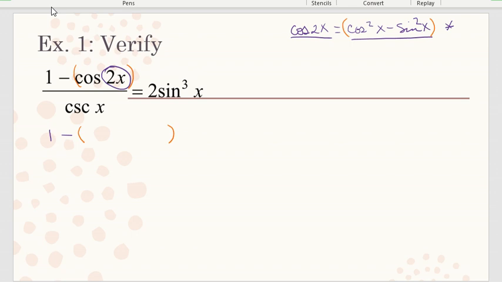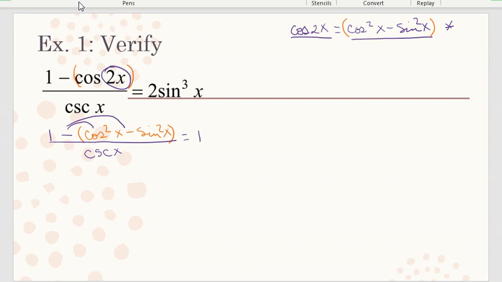So I'm going to put this in there as cosine squared x minus sine squared x all over cosecant x. Now, I can tell you cosecant x will break down. I'm going to hang on to it for a minute because I want to show you what happens here.